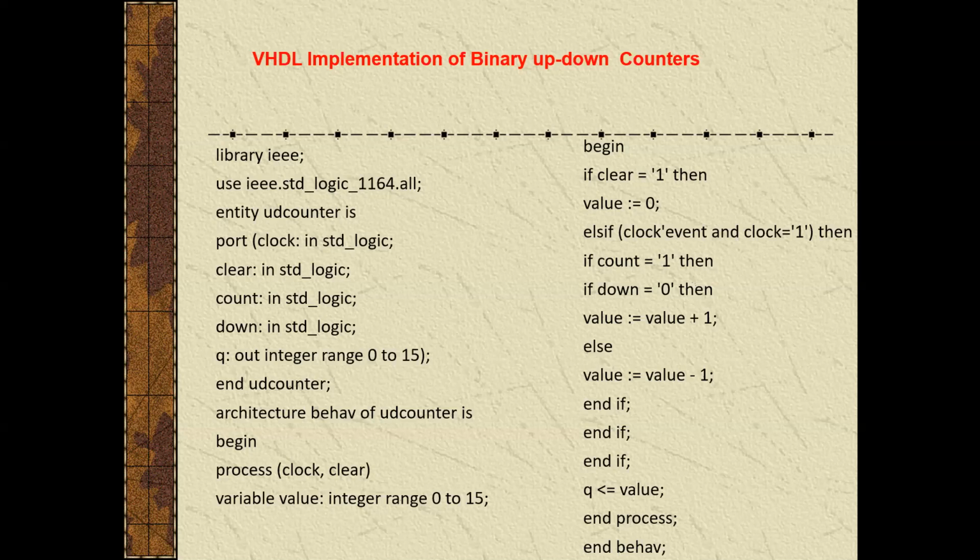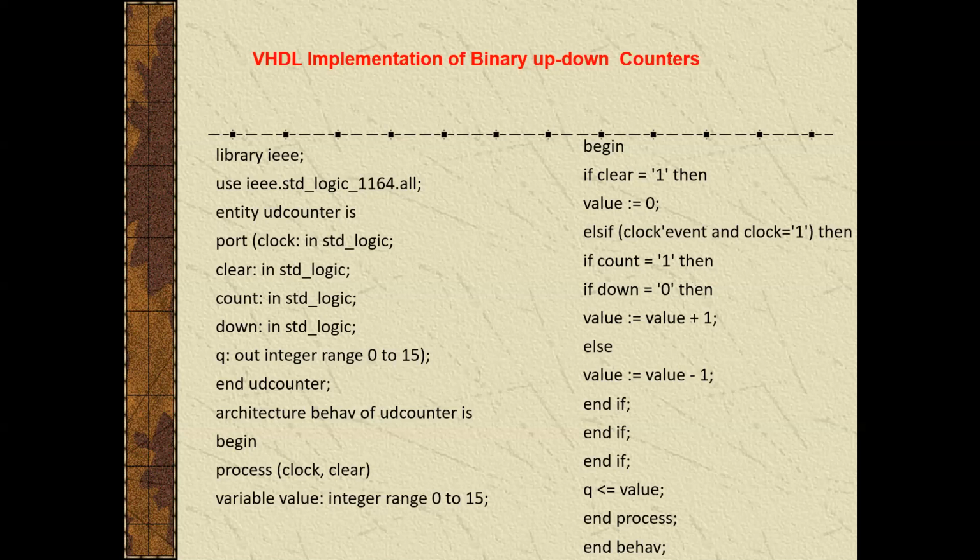The architecture behavior of up down counter begins with process (clock, clear) and variable value, integer range from 0 to 15, begin. So here data should be processed on clock and clear, and the variable is also there.